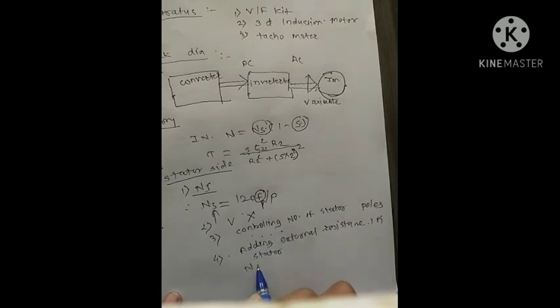So Ns equals 120 F upon P. We know that by controlling F we change Ns.